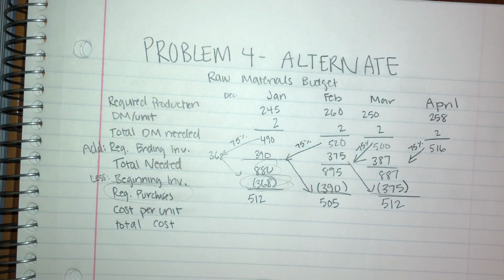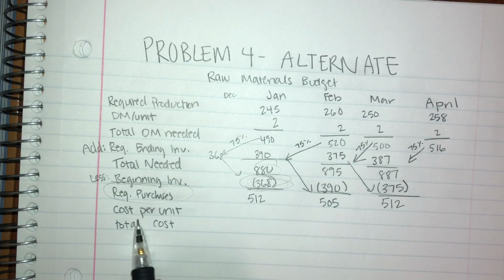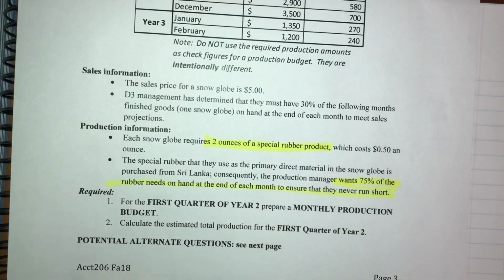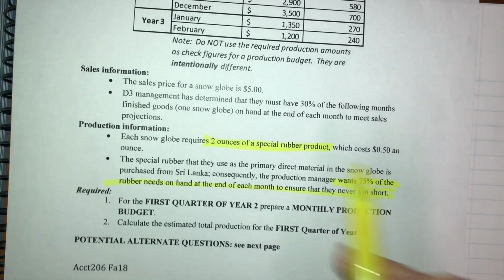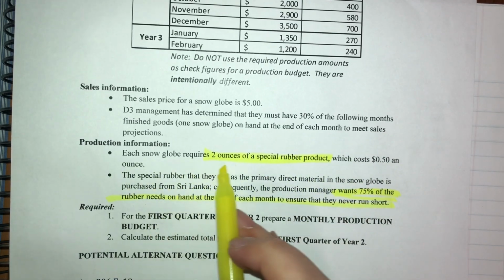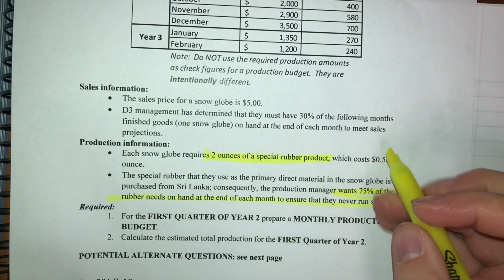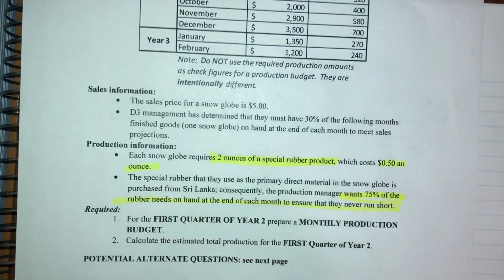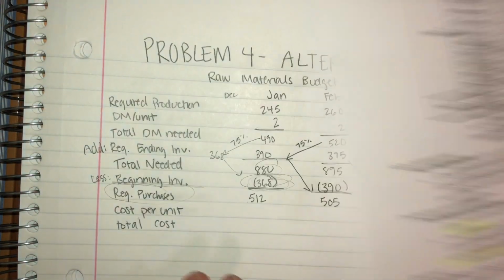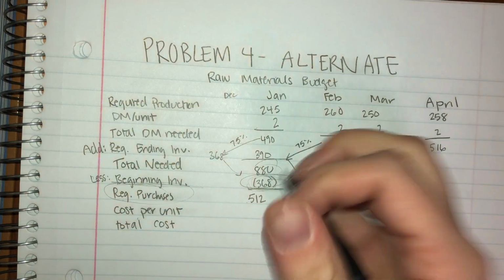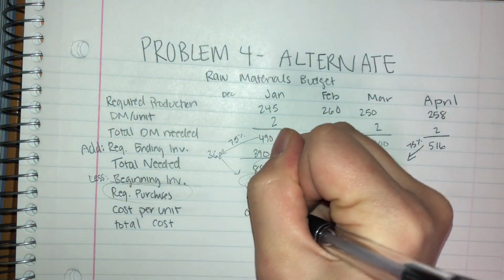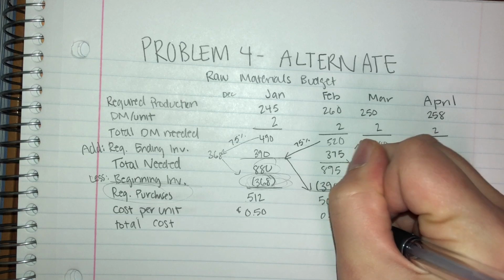Okay. So now I want to figure out what the cost per unit is. So I'm going to go back to my problem. And it says here, each snow globe requires 2 ounces of special rubber product, which costs 50 cents an ounce. So that's how I know how much my raw materials cost. So that's 50 cents, and I'm going to carry that all the way across.